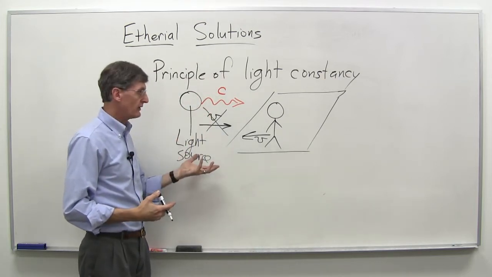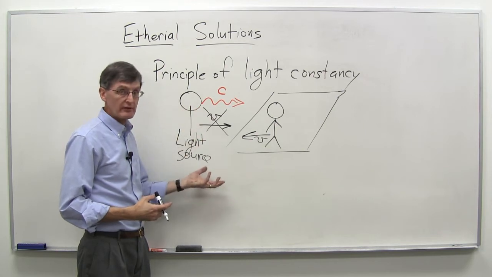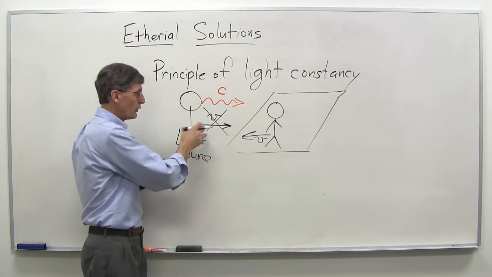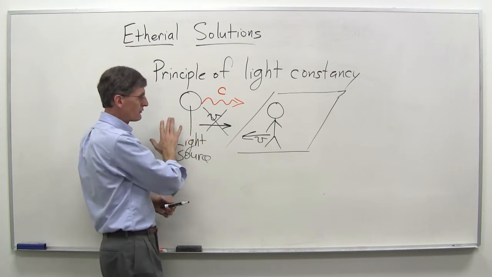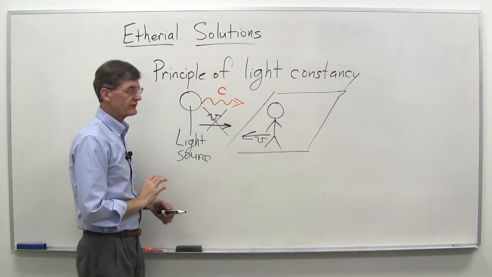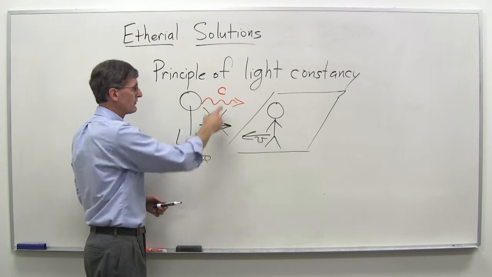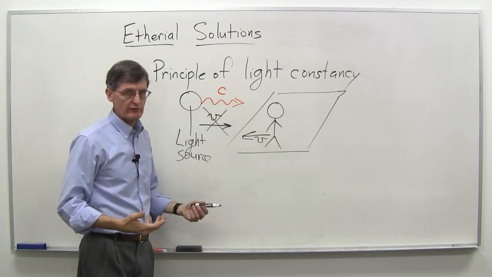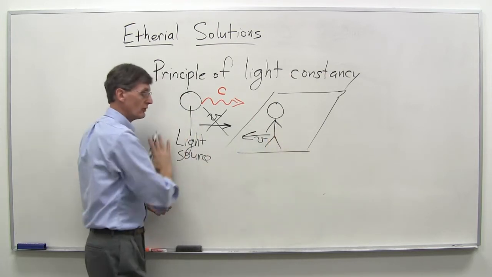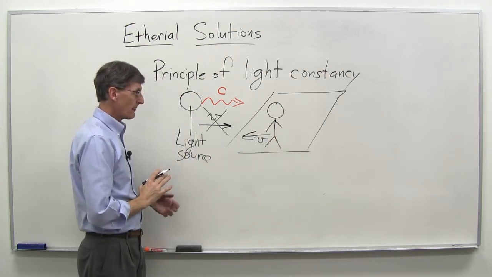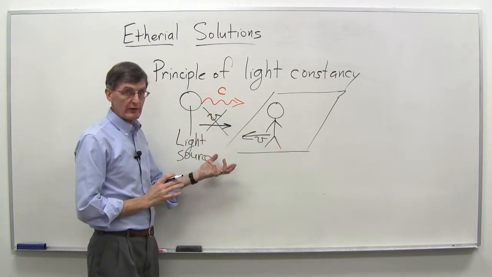But what Einstein is saying is, if the principle of relativity is true here, both these cases should be equivalent. If the light source is moving toward Alice, and Alice is stationary, by the principle of light constancy, the velocity of light is still c. Nothing changes. But if we switch it and have Alice moving toward the light source, it should be an equivalent situation.